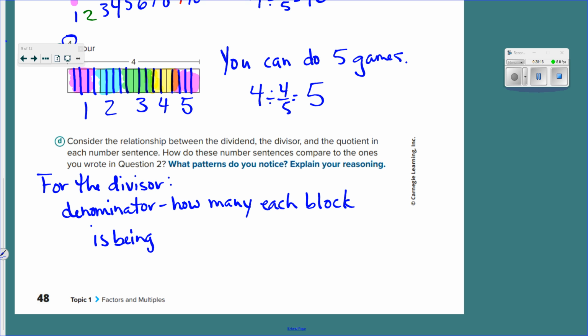In other words, how many pieces am I making? My numerator is telling me how many make a group.